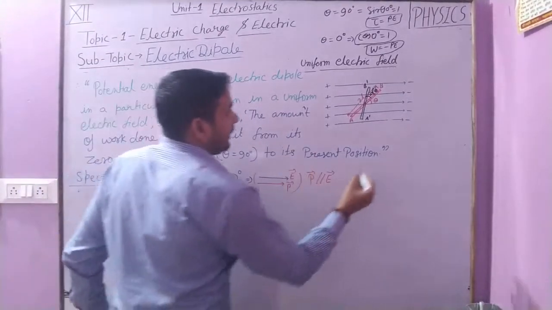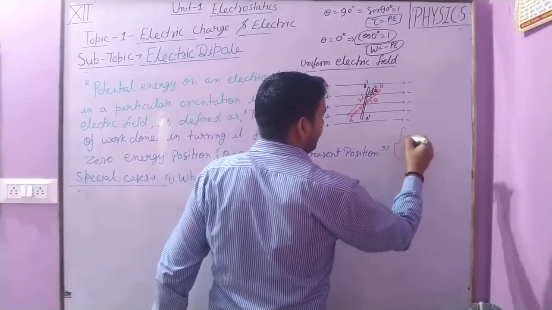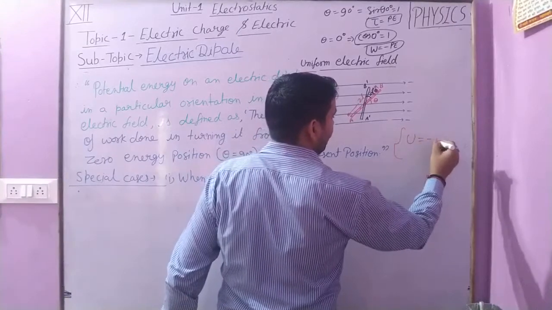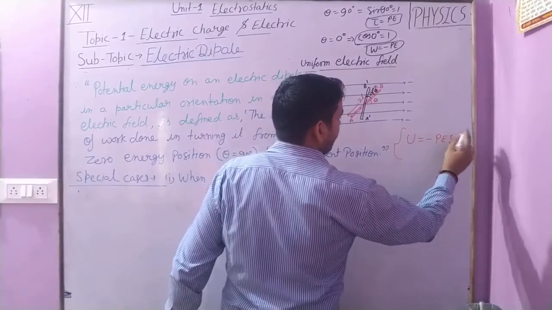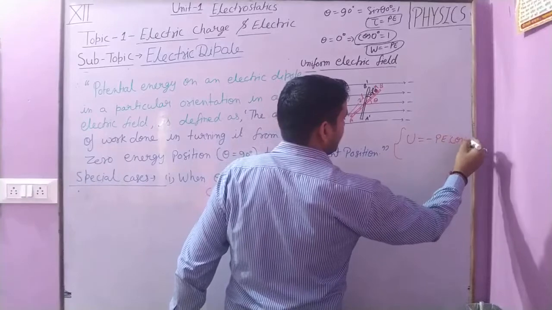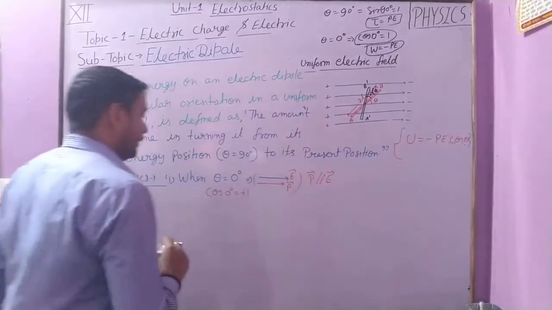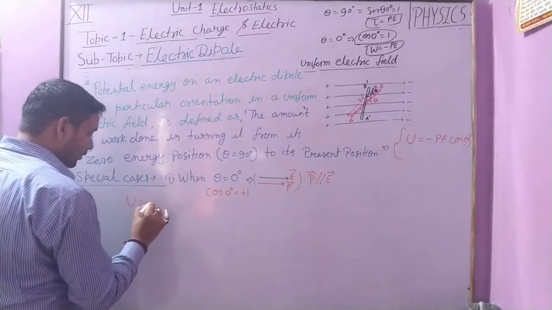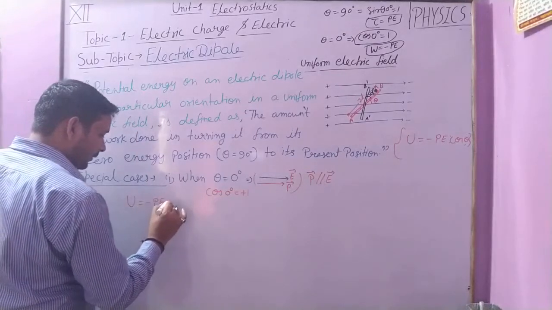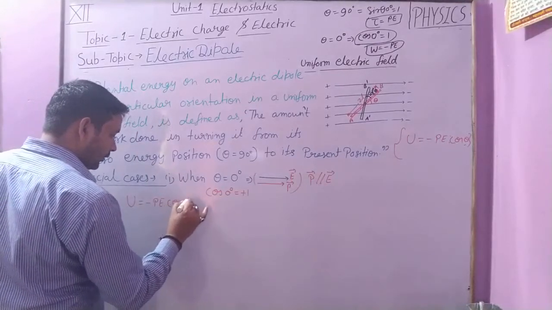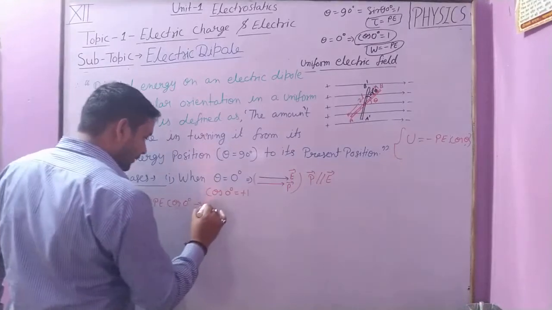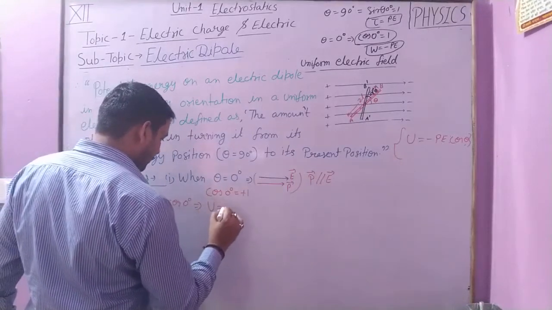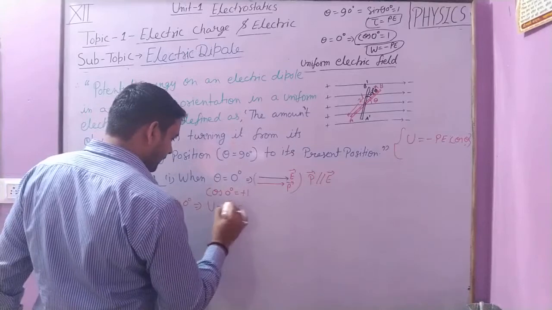So, as we calculated, the formula for potential energy is minus PE cos theta. By using this relation we get U is equal to minus PE cos 0 degrees, which gives U is equal to minus PE.